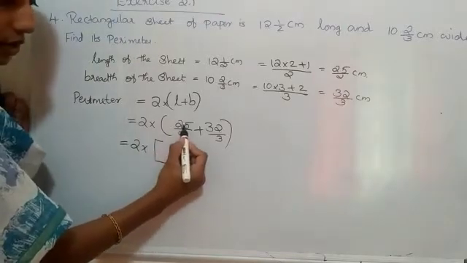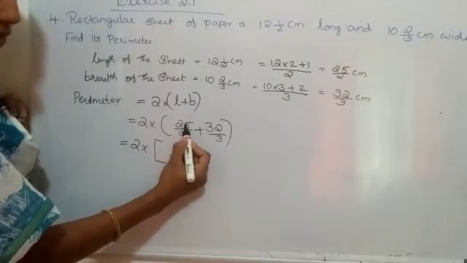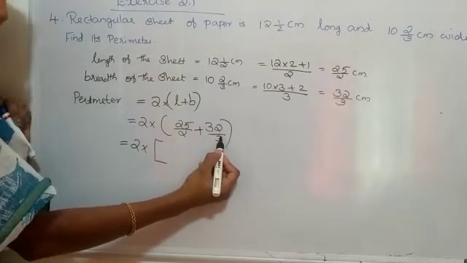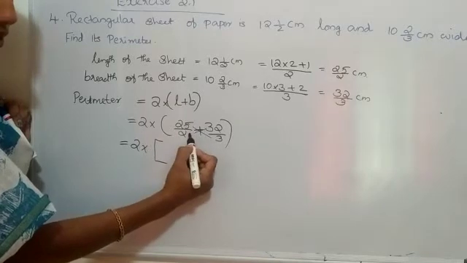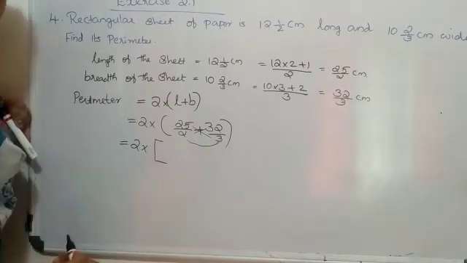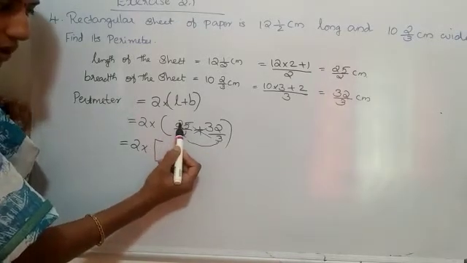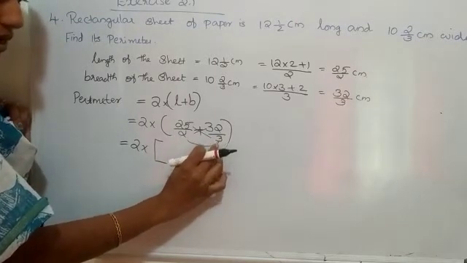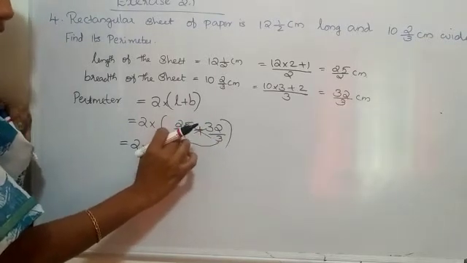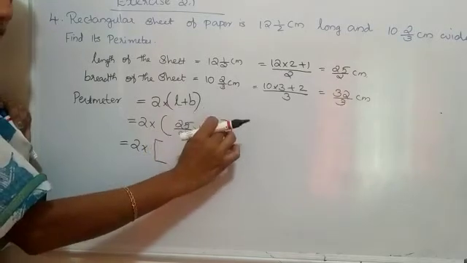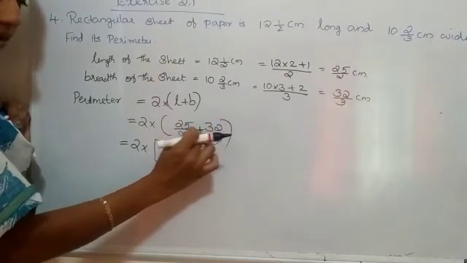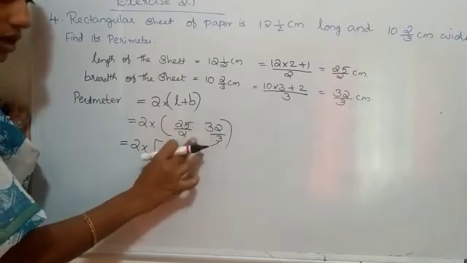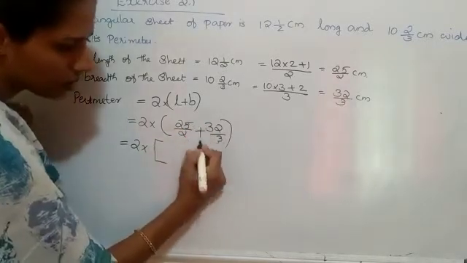See, multiply the numerator with the second fraction's denominator, this way, then this way. That means multiply the numerator into the second denominator, plus multiply the denominator into the other numerator, divided by the product of both denominators. Okay, this is the method of cross multiplication.